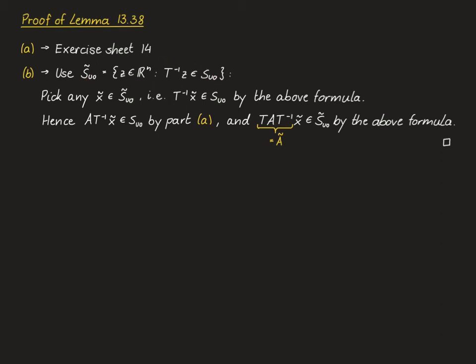Then it follows that A T inverse times x tilde is also an element of S_UO by virtue of part A, and hence T A T inverse times x tilde is an element of S_UO tilde by the above formula. Now all we need to do is notice that T A T inverse is equal to A tilde, and our proof is complete.